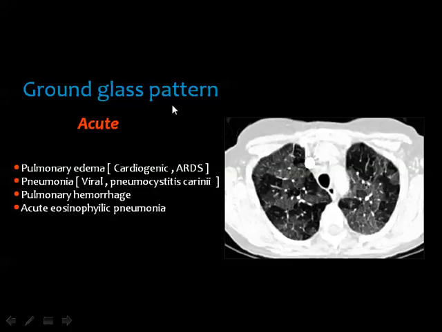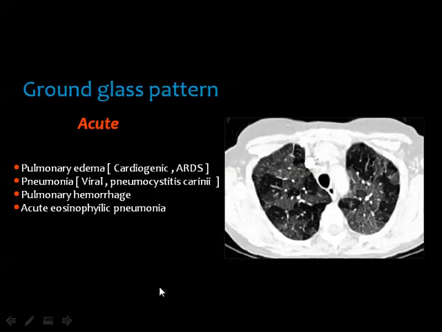Acute ground glass pattern means that you are dealing with pulmonary edema, which is cardiogenic, or acute respiratory distress syndrome, and a type of pneumonia, which is viral pneumonia or Pneumocystis carinii pneumonia if the patient is known to be HIV positive. Pulmonary hemorrhage, and this is very important, which is known as acute eosinophilic pneumonia.